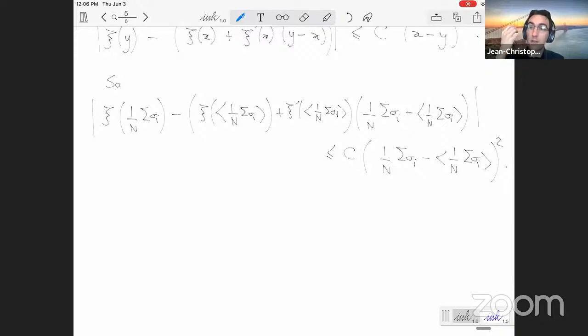I compute the expected value of what is inside, and I insert the absolute value inside the expectation, and I apply this bound. So when I take the expectation of what is inside the absolute value, this guy is subtracted by the mean, and this is a constant. So this term will disappear. Now I have the expectation of psi of the random variable minus psi of the mean value of that random variable, bounded by the variance of that random variable. This is what I wanted to show.